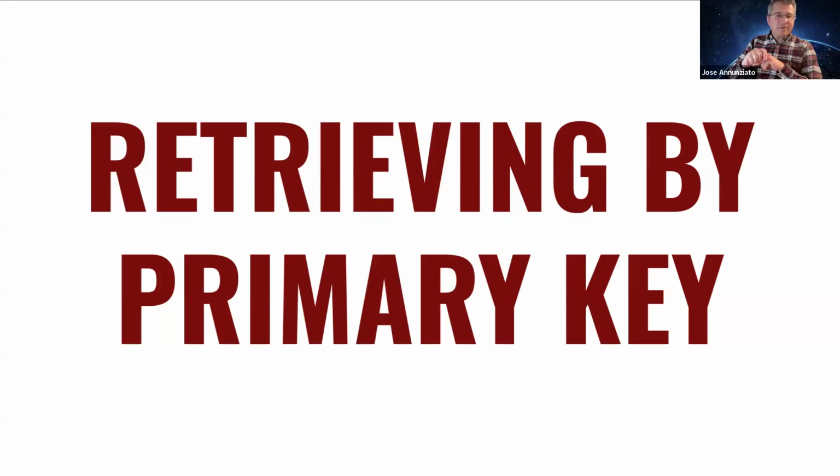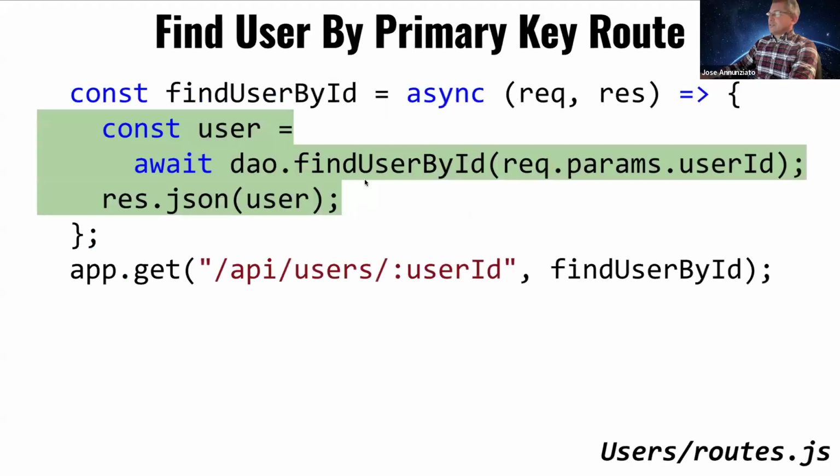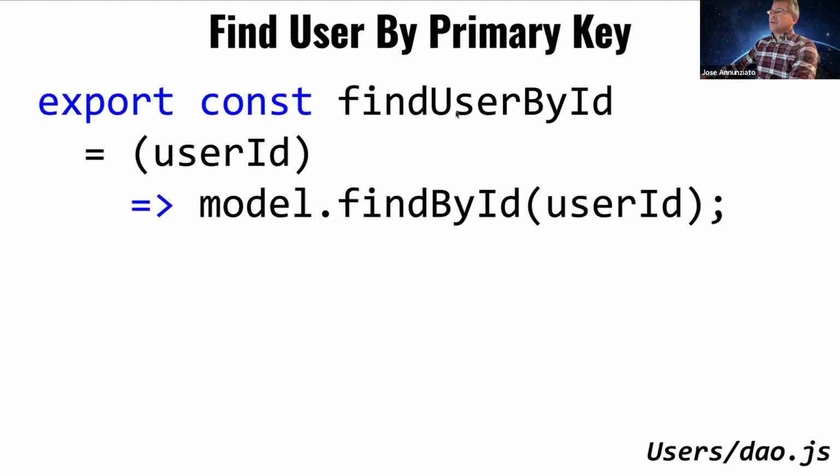Another very common operation is that we want to retrieve a document by its primary key. And so the Mongoose library has a dedicated function that knows how to filter, pattern match documents by their primary key, and it's called find by ID.